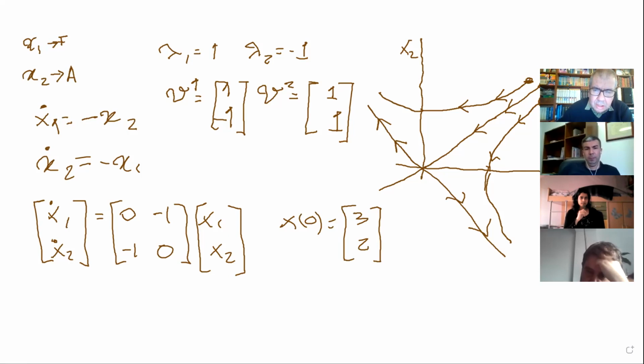and according to your model, who wins the battle? So you start here at this point, which is (3, 2). Who won the battle? Waterloo, according to this model. According to this model, you start here.